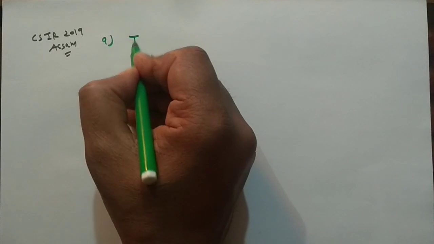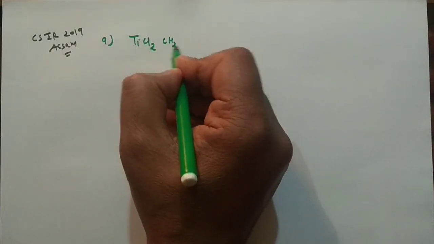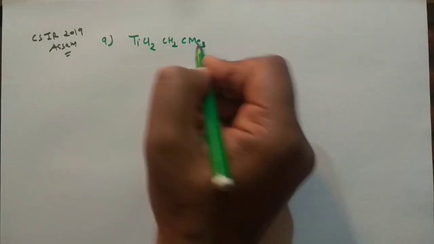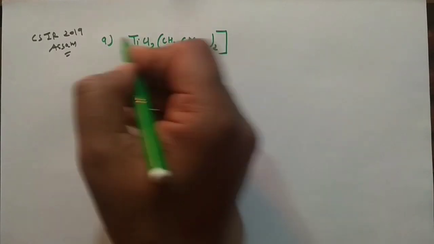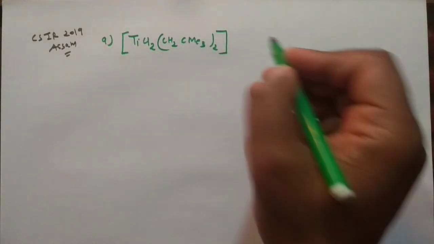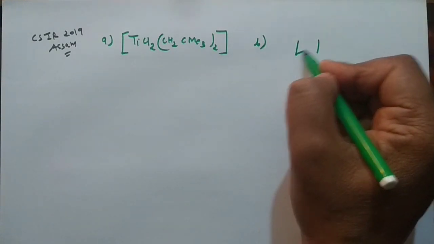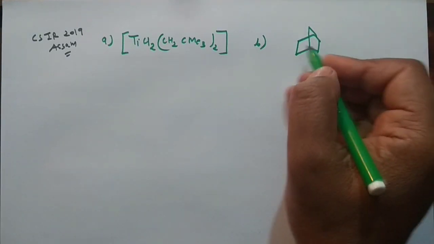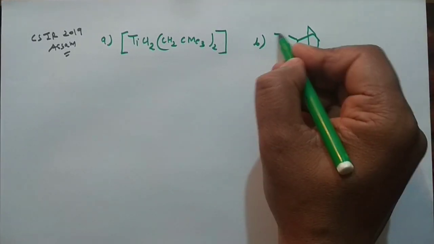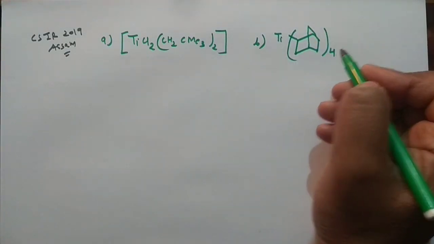They have given complex number 1, this one, TiCl2 (CH2CMe3), present twice. This was your first complex. For complex B, they have given you this one, and they have connected titanium over there, and these units were present 4 times.